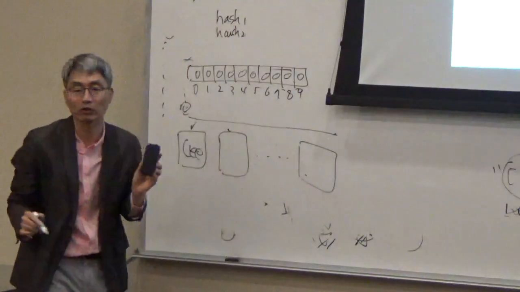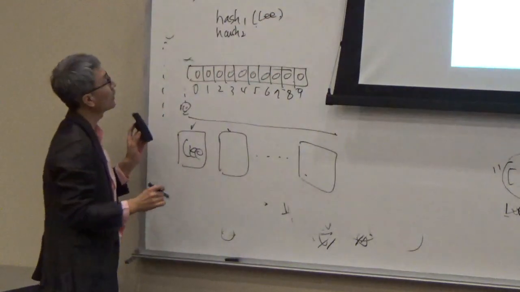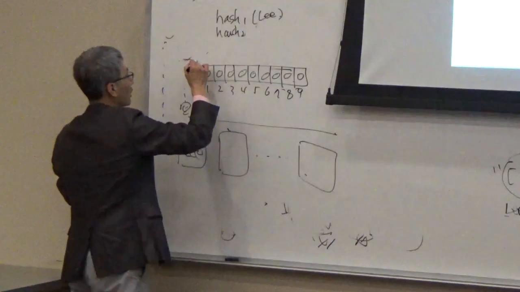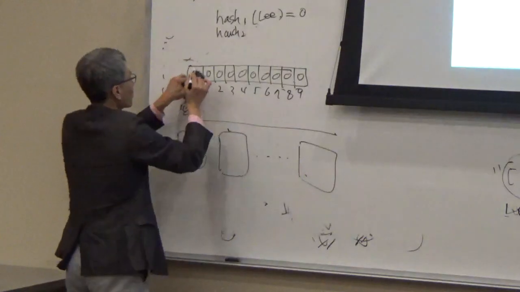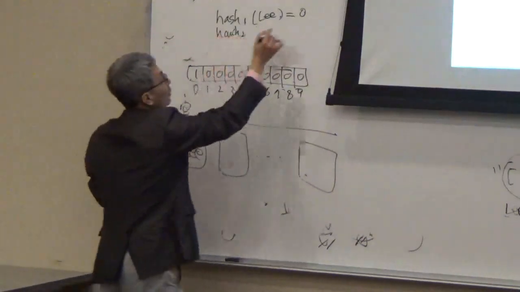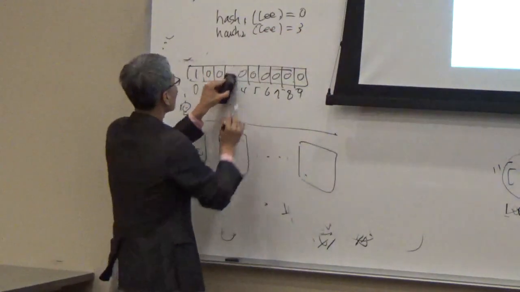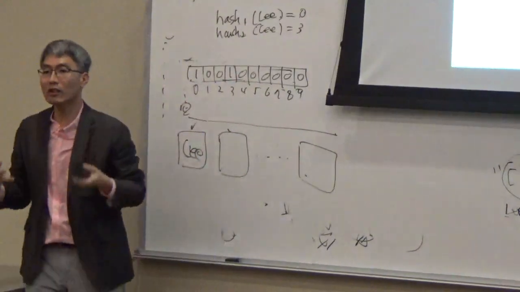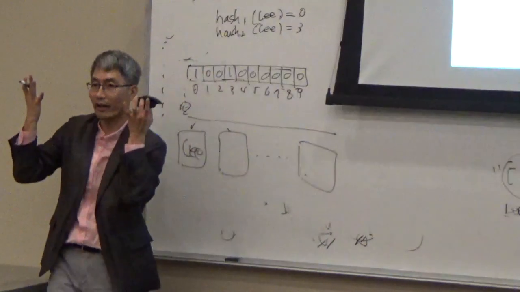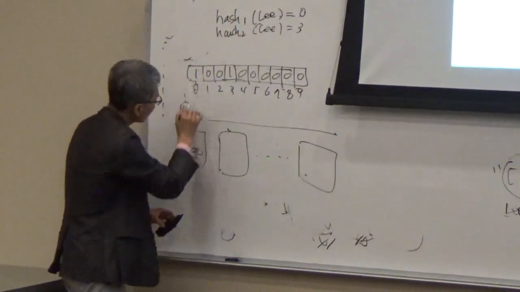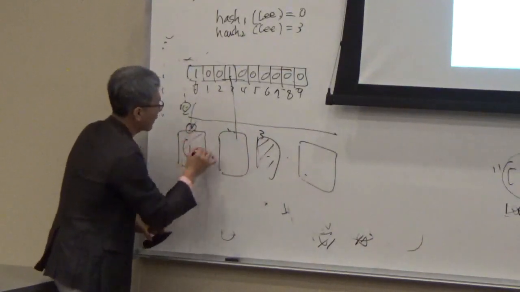They are different hash functions. For Lee, if hash 1 of Lee is 0, then change this to 1. Then hash 2 of Lee is, let's say, 3. So this one is 1. So when we search Lee, 0 and 3 will always be the hash keys. Then we can store the data at number 0 and number 3, and search only this one and this one.